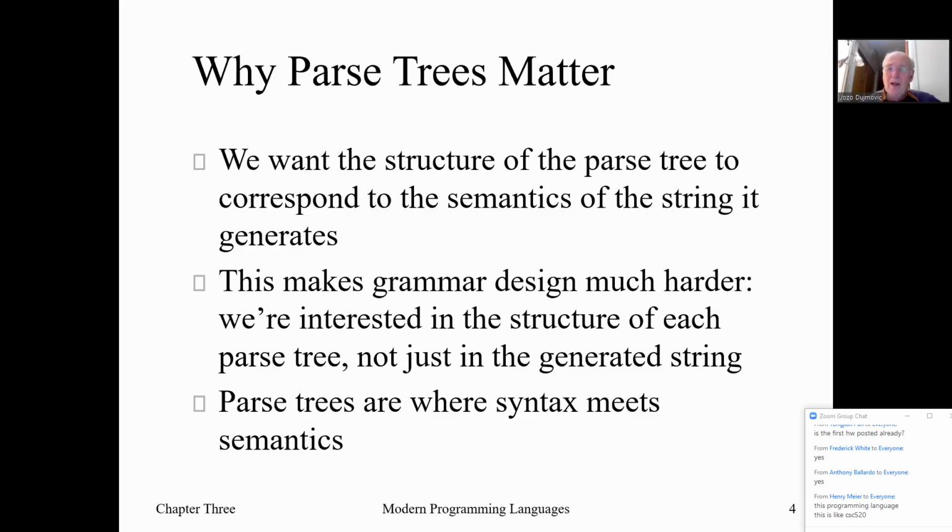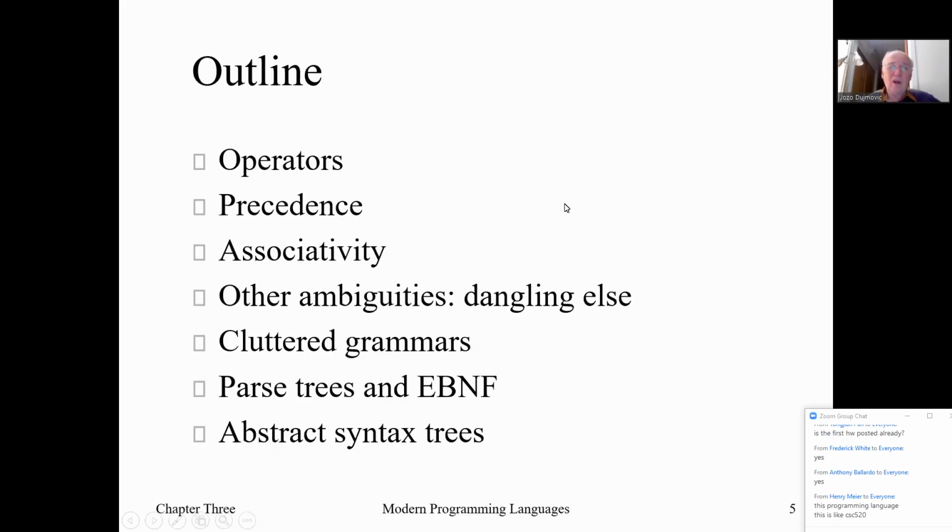So this makes, of course, design of grammar much harder, because you have not only to create syntactical analyzer, but you have also to affect semantics in a way that is appropriate. So that's the reason why this has to be taken into account.